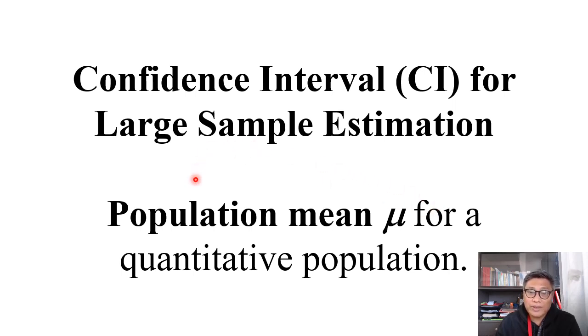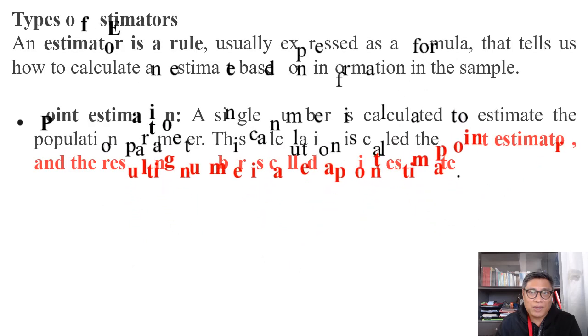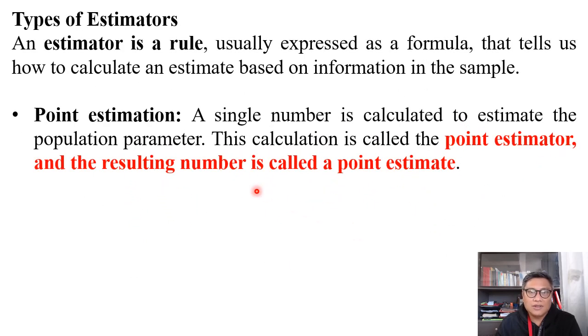Okay, so before we begin with estimating a parameter using the sample mean to estimate the population mean, just to give you an idea, class, of what an estimator is. There are typically two types of estimators, and when we say an estimator, class, this is a rule.